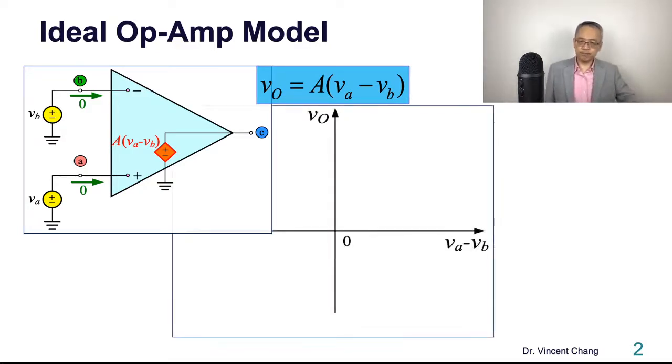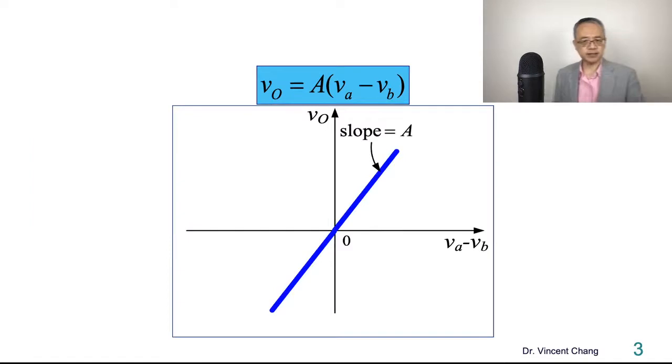So if you try to plot this, the vertical is output voltage, horizontal is differential input, then what do you get? You're going to get a straight line, right? Like this. And the slope reflects the differential gain of the op-amp, or the open loop gain of the op-amp.